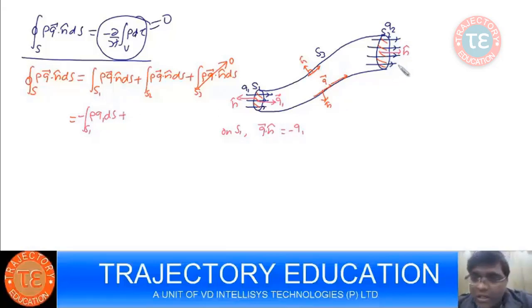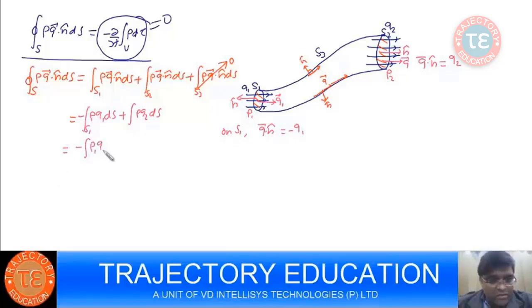And here Q dot N is going to be Q2, so it is rho Q2 dS. Say rho is rho 1 over here and rho 2 over here. In that case it is minus rho 1 Q1 dS, plus rho 2 Q2 dS, and this part is 0, equal to 0.